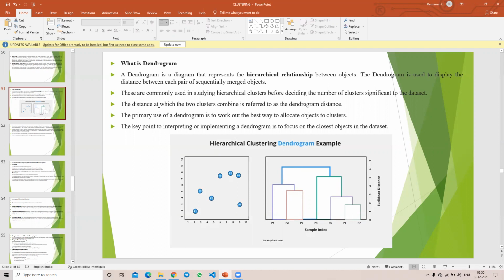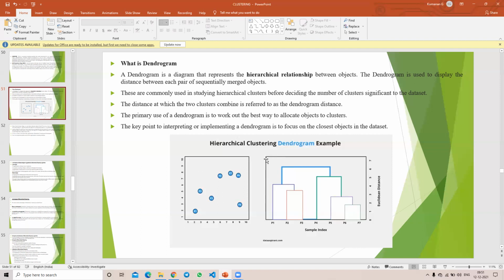The distance at which the two clusters combine is referred to as the dendrogram distance. The primary use of a dendrogram is to work out the best way to allocate objects to clusters. The key point in interpreting a dendrogram is to focus on the closest objects in the dataset.